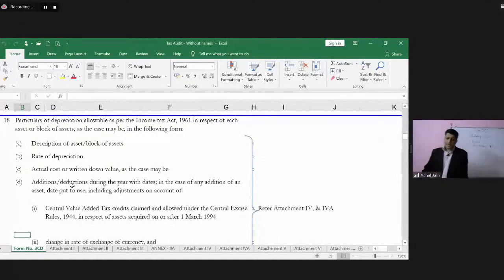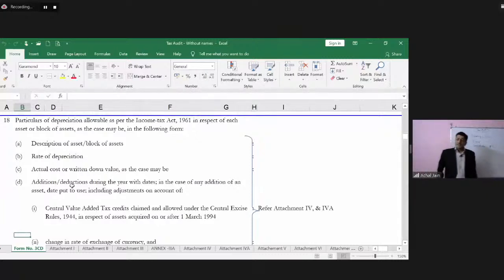Now, point number 18, if any of you would have done tax audit, they would know that this is one area which takes up significant time during tax audit. And this is all about the information related to PPE, or we can say fixed assets of the entity. So let's understand the requirement over here. What's the requirement?